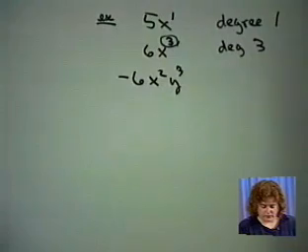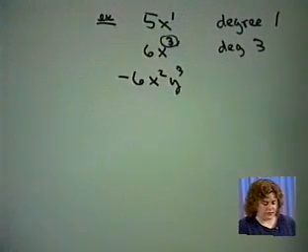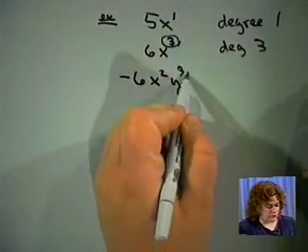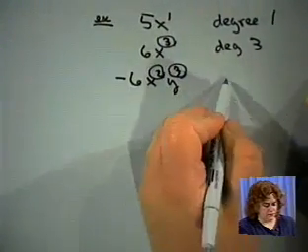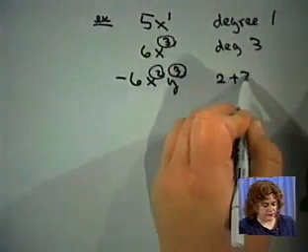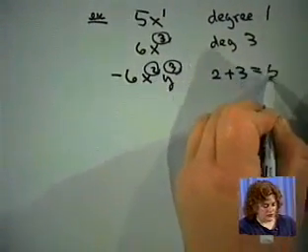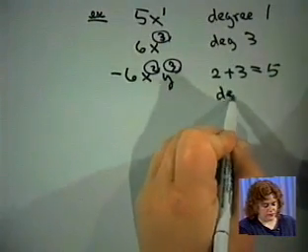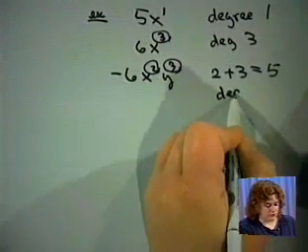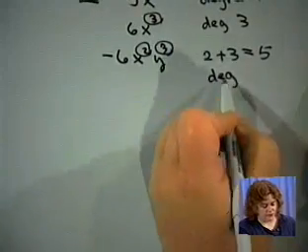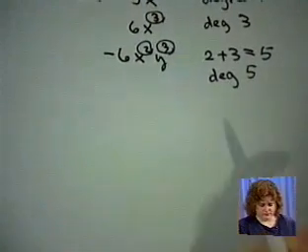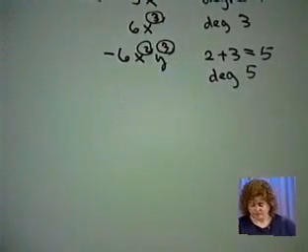You have two exponents to be concerned with, the 2 and the 3, and to figure out the degree, you're just going to add them up. So 2 plus 3 gets you 5. This monomial, a specific type of polynomial, has degree 5. And that's all the more there is to that.